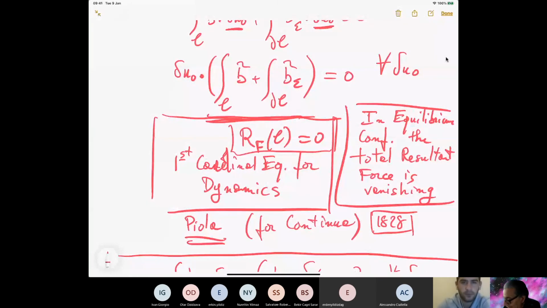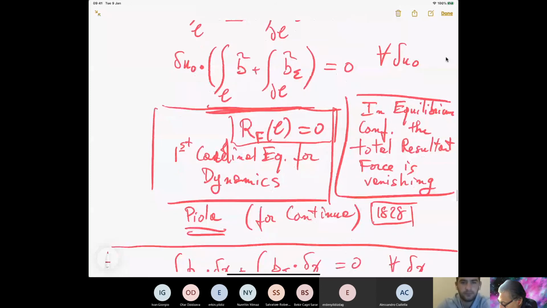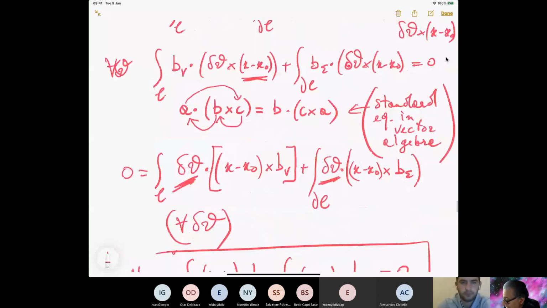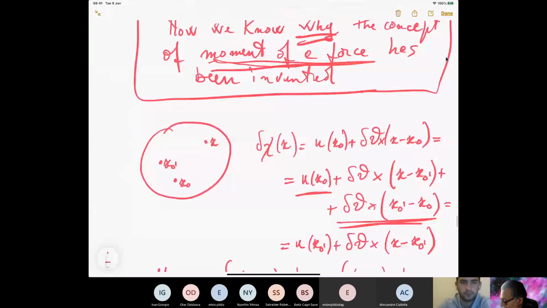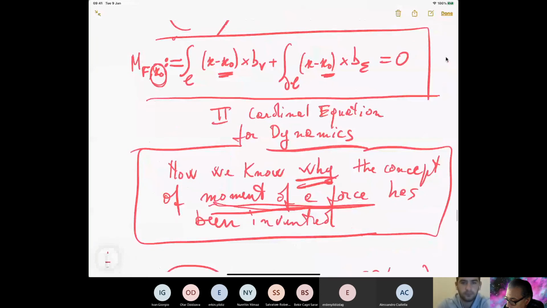So if you know that it is true, then you write the second cardinal equation for dynamics. The moment is equal to 0. Okay, you don't need to choose x0 in a particular way. You can choose it as you like, because all these moments are altogether 0.